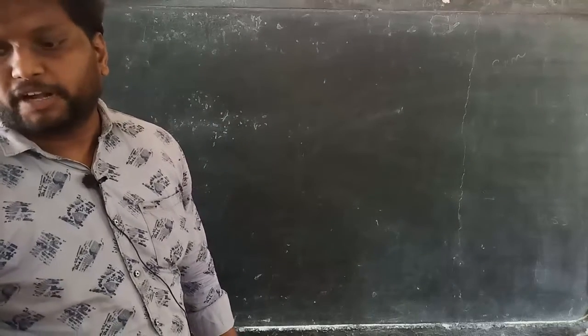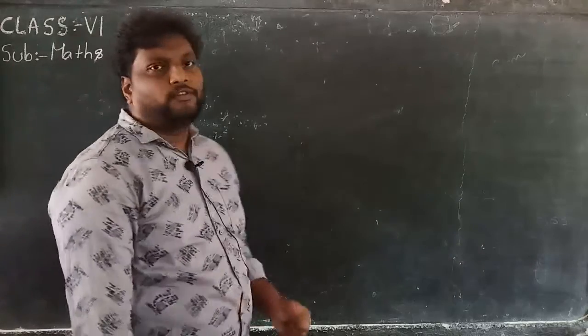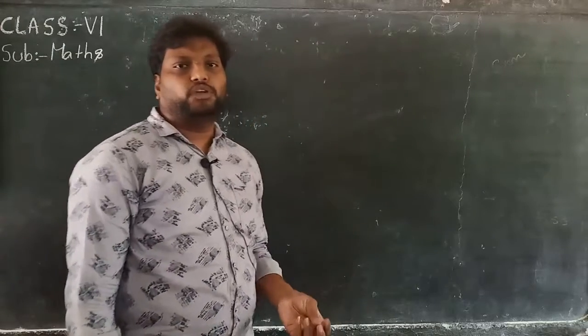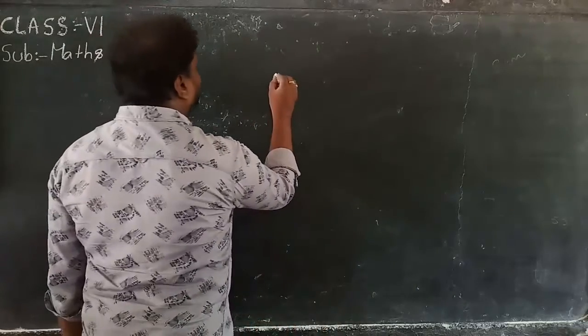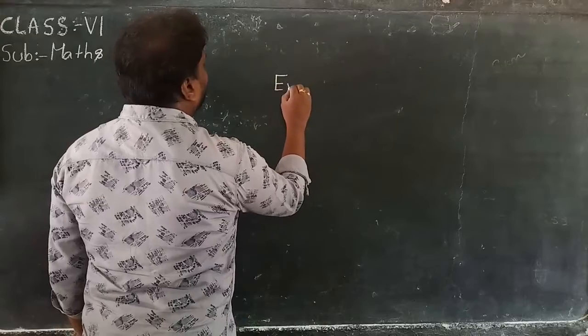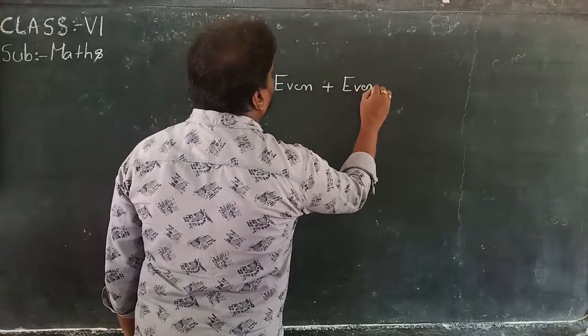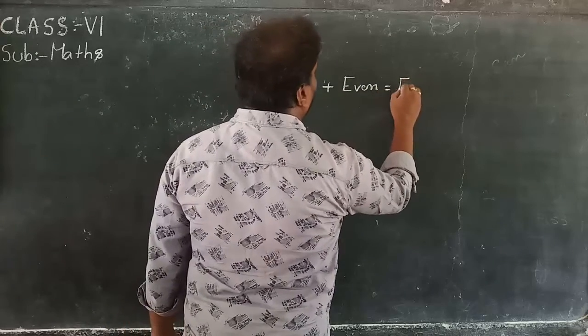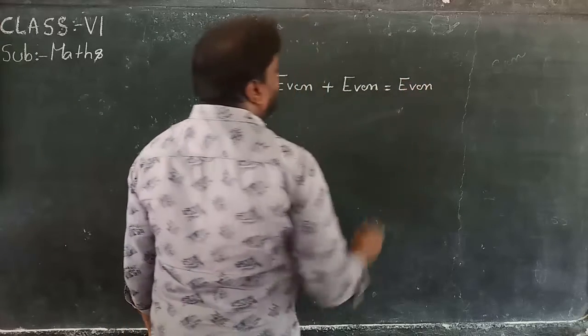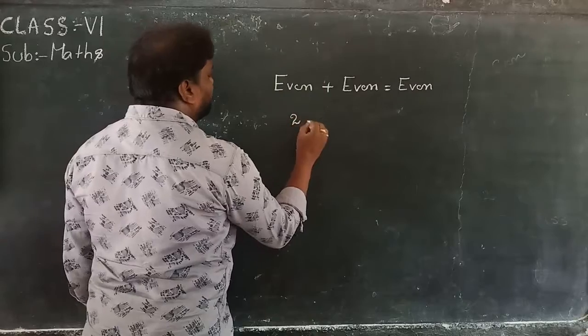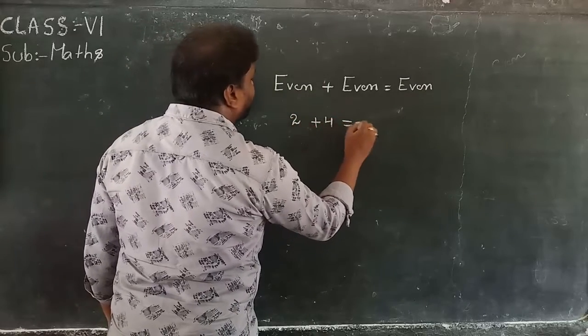Now we'll check some points. The sum of two even numbers, the sum of two odd numbers, what will we get? Even plus even is equal to even only. For example, 2 is an even number and 4 is an even number, we get 6.